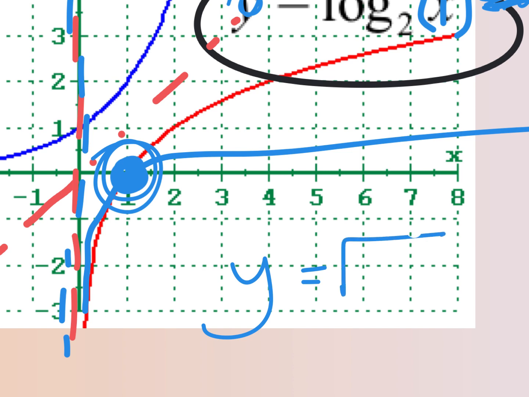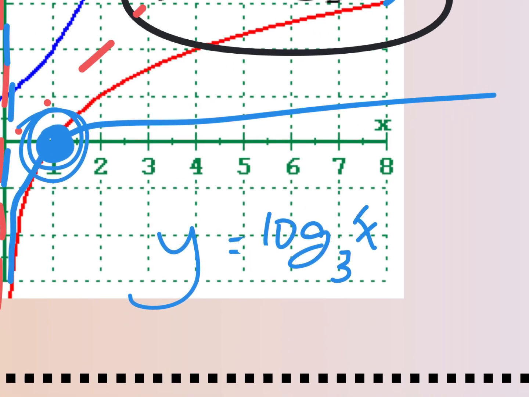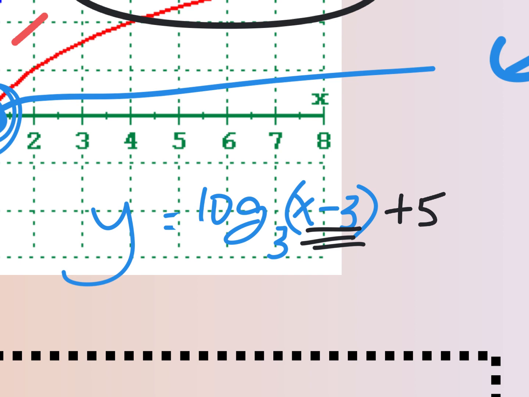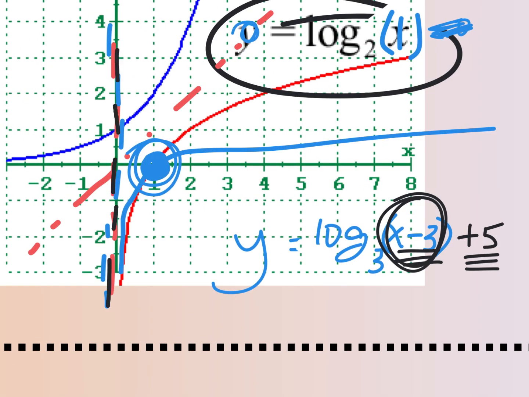Not a square root, just a log base 3 of x, and if I want to move it to the right, I go like minus 3. Do you get that would move the whole thing to the right 3? Do you get if I put a plus 5 here, it would go also up 5? Now, when this thing moves to the right 3, do you get it's going to drag the asymptote with it? It'll go over to 3.